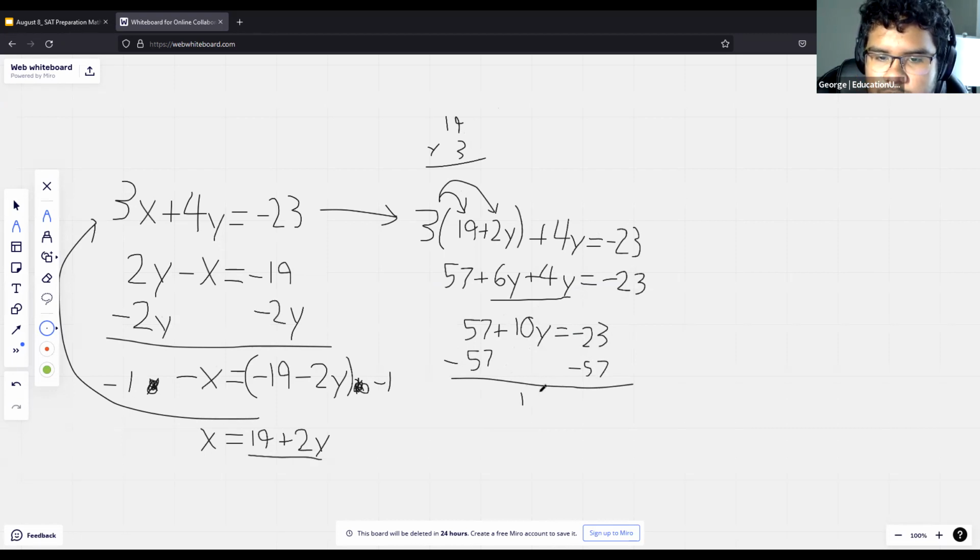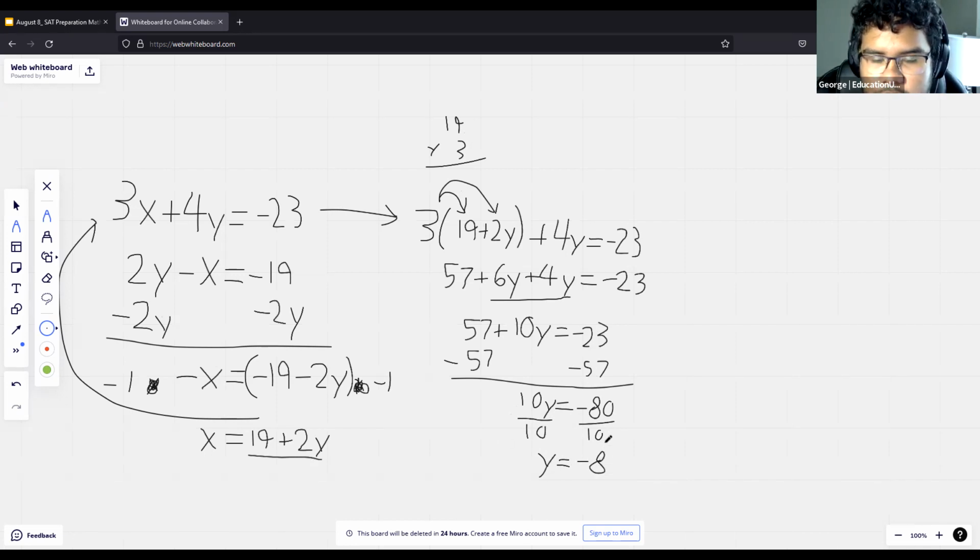And then what we are left with is 10y equals negative 23 minus 57, which is negative 80, because it's essentially just an addition problem, but negative here. So we have 10y equals negative 80. Then, to solve for y, you just divide both sides by 10, and you end up with y equals negative 8.